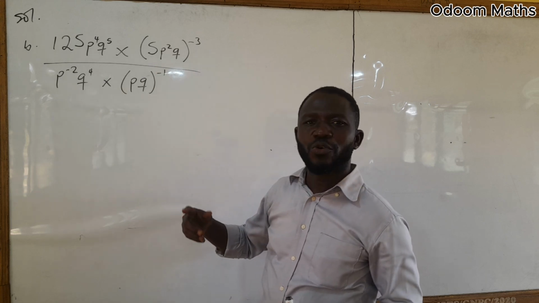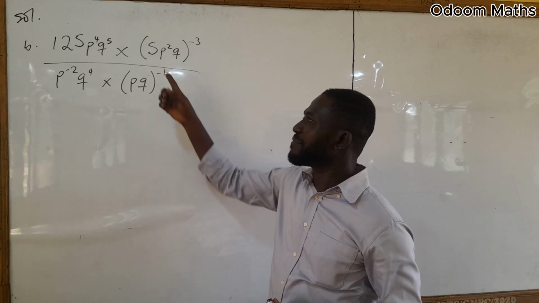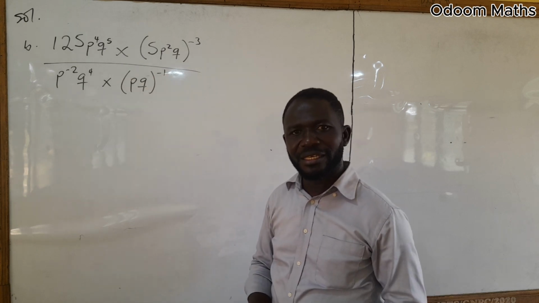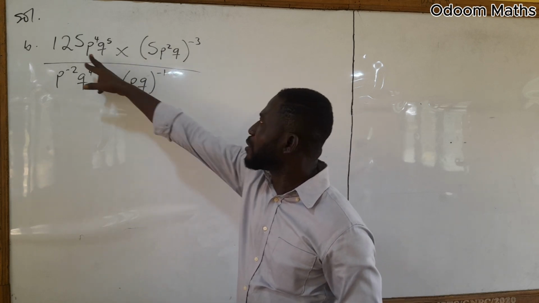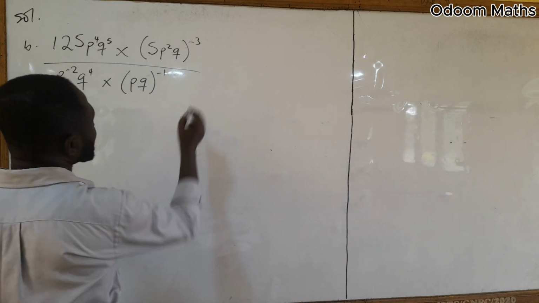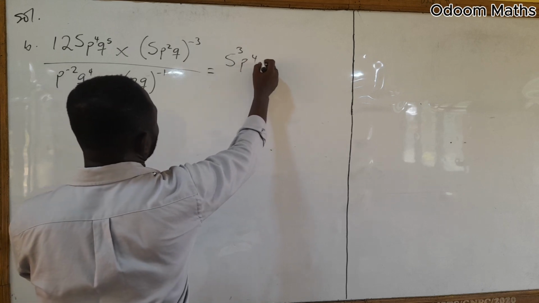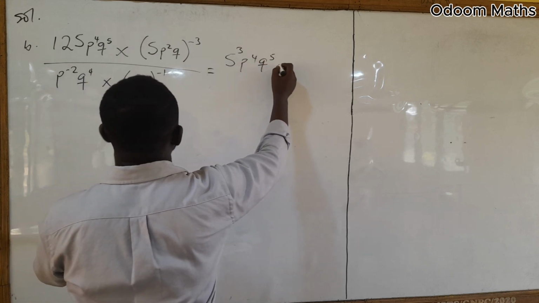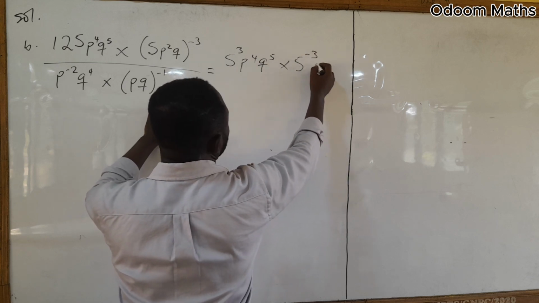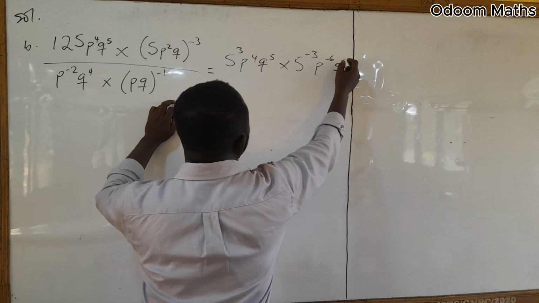So how many times are you going to raise 5 to a certain power to get 125? That is going to be 5 to the power 3, which is 125. So this is going to give me 5 to the power 3, p to the power 4, q to the power 5, then times 5 to the power negative 3, p to the power negative 6, q to the power negative 3.